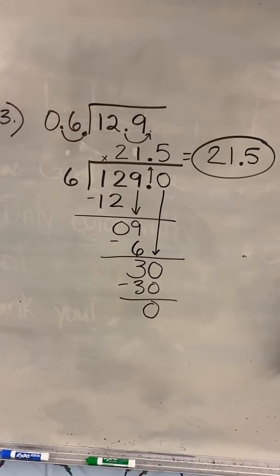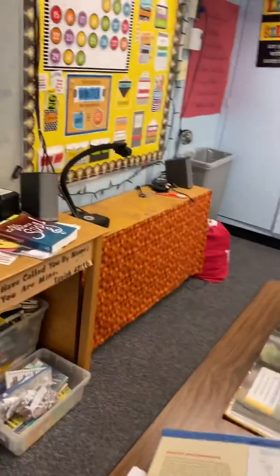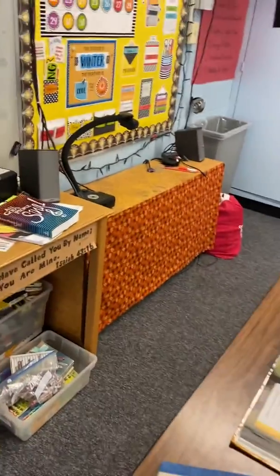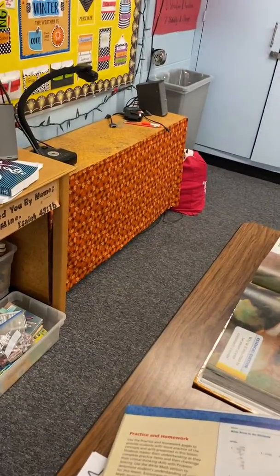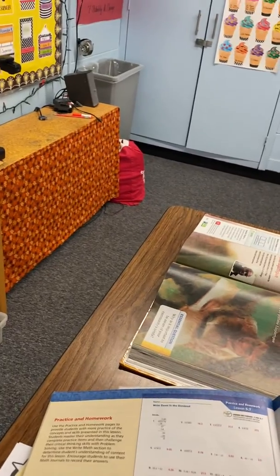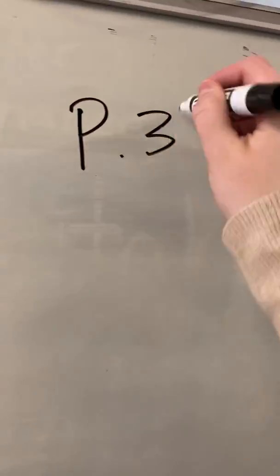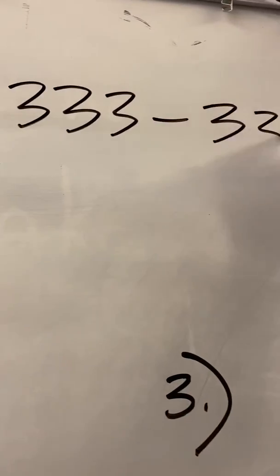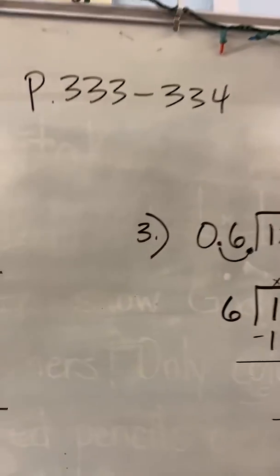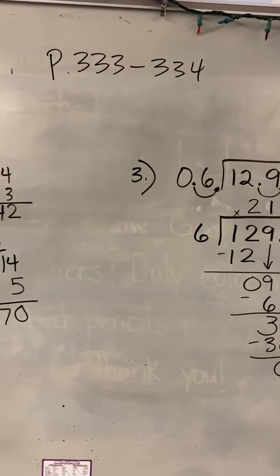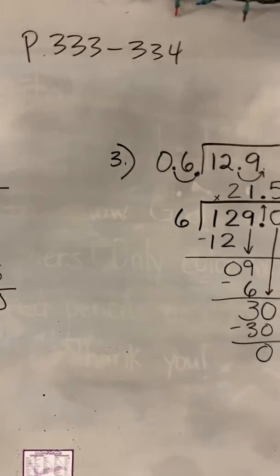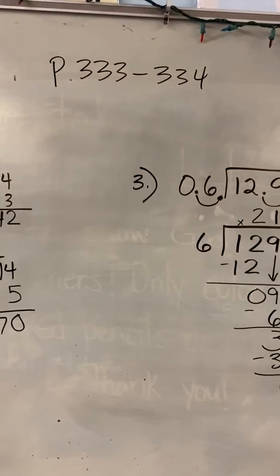Cool. So if you could please, 5th graders, your assignment today is to practice those things. Page 333 and 334. And the only thing I am looking for is you to do the problems in your math notebook.